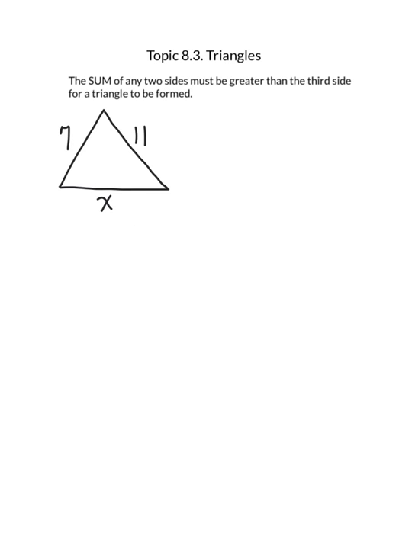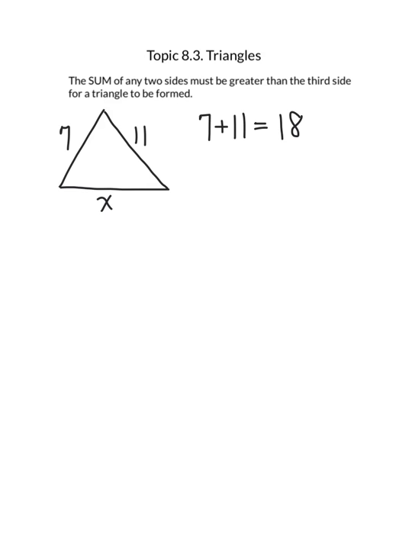To find the missing side, you're first going to add the two given sides together. So I'm going to add 7 plus 11, and I get 18.